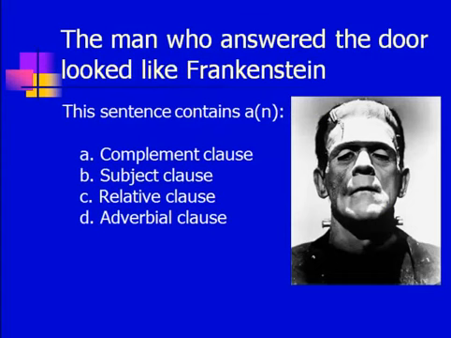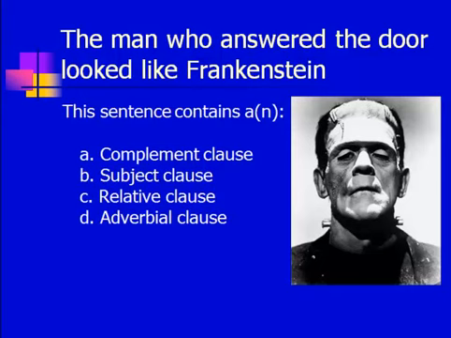Okay, let's look at this one. The man who answered the door looked like Frankenstein. What does that contain? It contains a subordinate clause, and which one is it? Is it a complement clause, subject clause, relative clause, adverbial clause? Well, let's look where it is. What's the main clause? Well, you've got two finite verbs. You've got answered and looked.